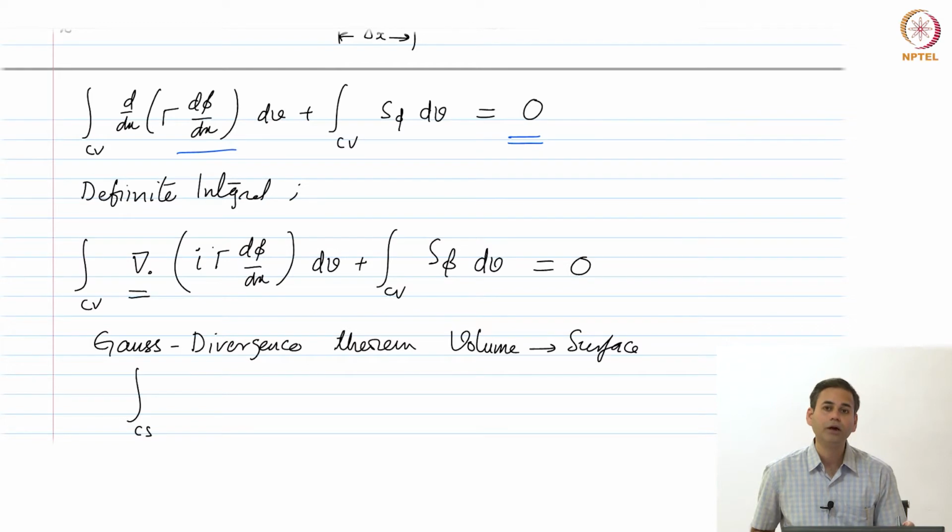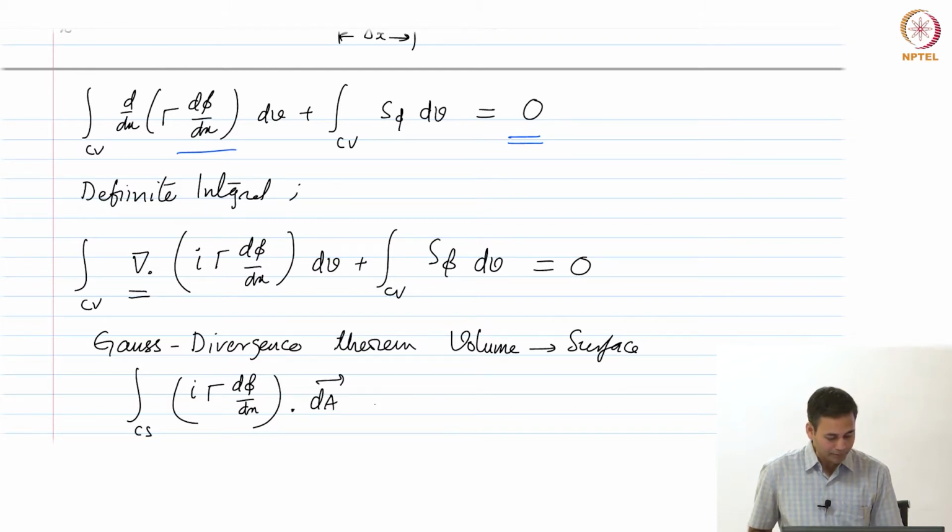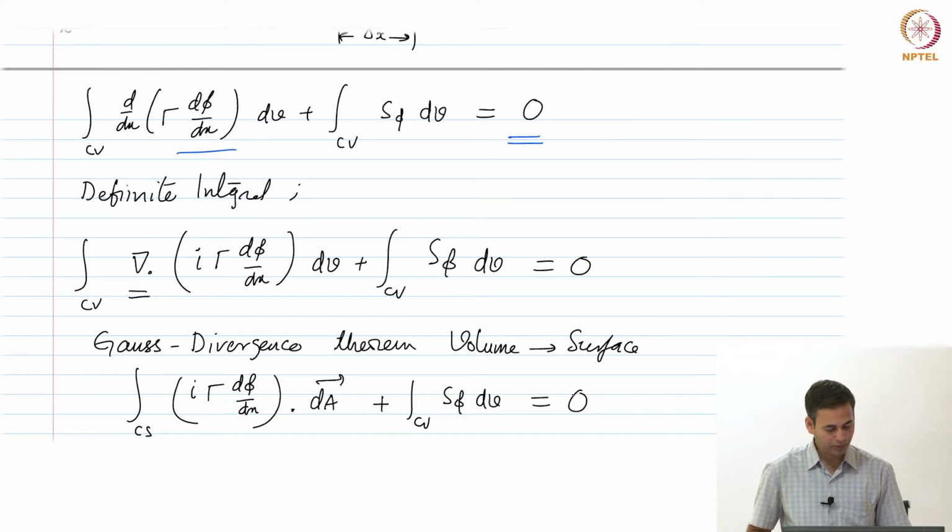Integral del dot a vector dv equals integral of the vector dotted with the area vector. So, essentially this will be integral control surface i gamma d phi dx dotted with dA bar, plus integral control volume s phi dv equals 0. So, this is in a nice form now.